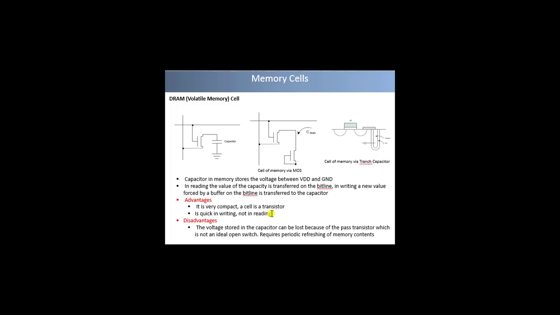A major limitation of dynamic RAM is that as the voltage value is stored in the capacitor and the capacitor has leakage currents, this value is lost after a certain time period. So to avoid the loss of information, we require a periodic refreshing of memory contents.